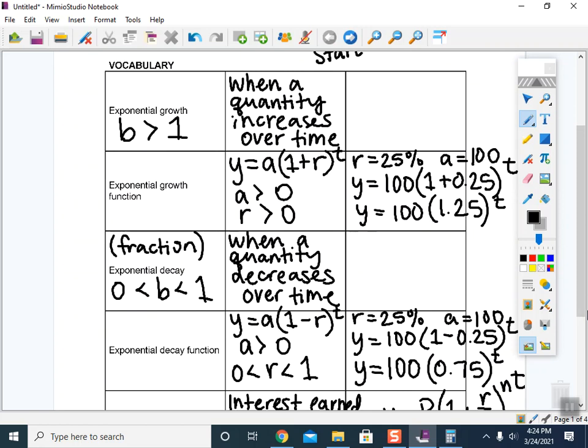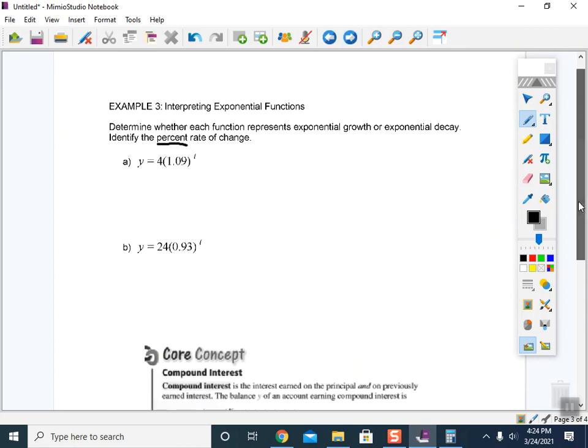Exponential decay happens when b is between 0 and 1. In this case, my b value is 1.09, greater than 1. This is growth. I would write to the side that b is greater than 1. That's how we know that it's growth.